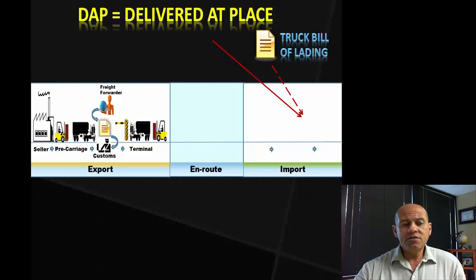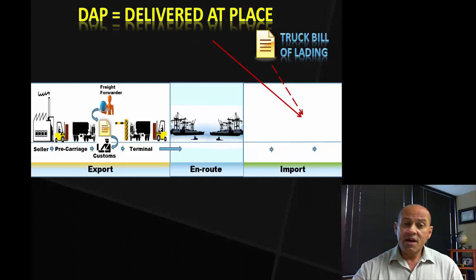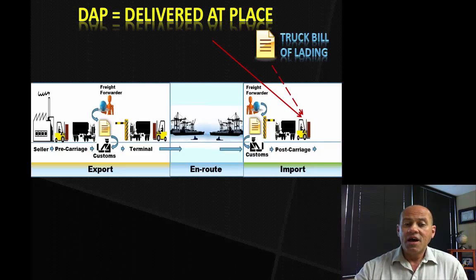So DAP includes all of the origin costs that we mentioned: the manufacture of the goods, the pickup of the goods, the trucking to the port, customs formalities, the terminal, the freight costs, and delivering the goods to the buyer.